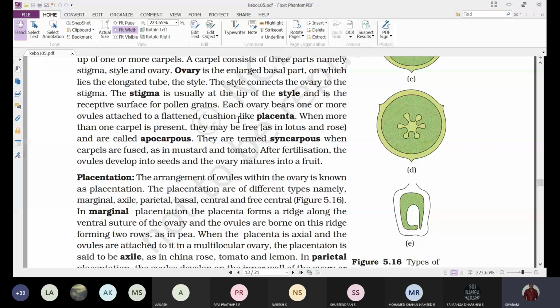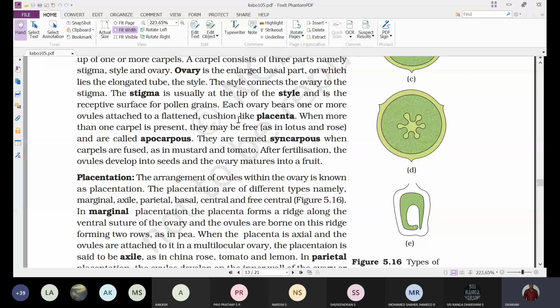You can also observe this in Michelia, where the flower consists of many carpels, but they are free. If two or more carpels are present and they are free, we call it apocarpous. And they are termed syncarpous when fused, as in the case of mustard and tomato.